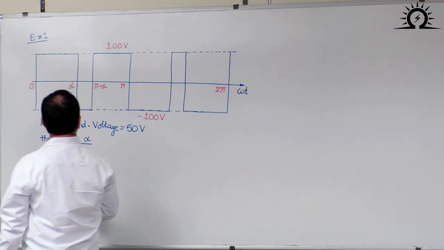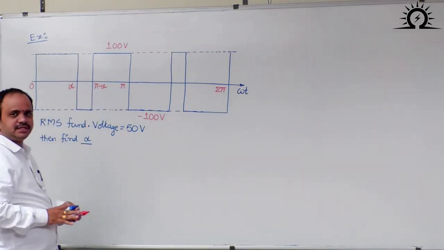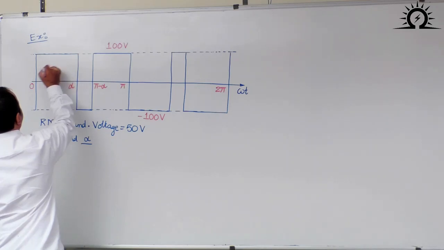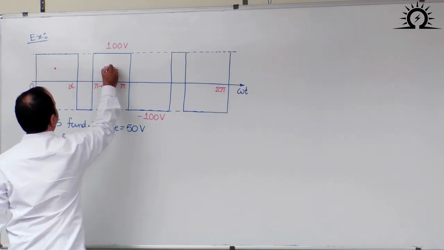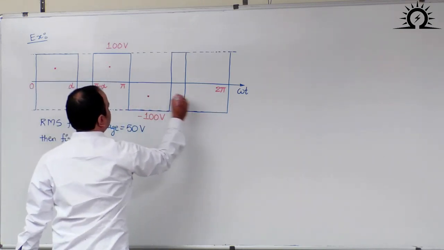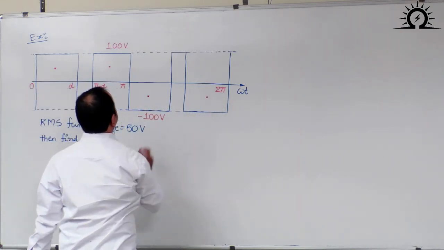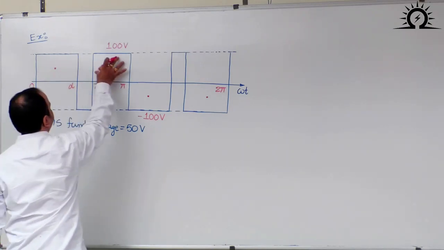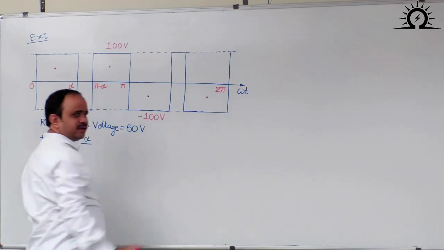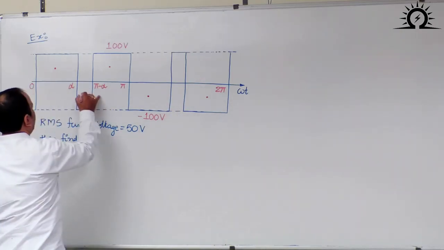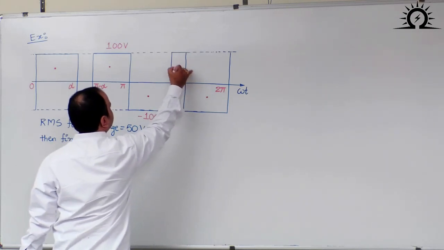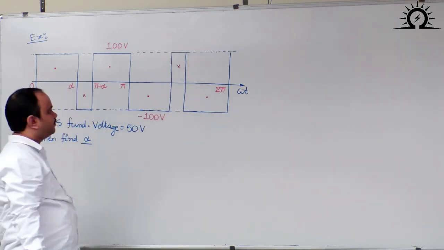If you observe carefully in this waveform, we can notice that this positive area is balanced with this negative area, and the area of this portion is balanced with the area of this portion.